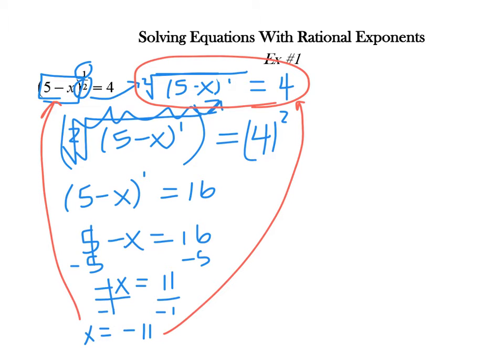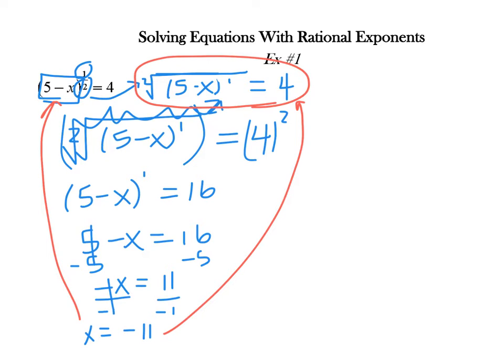Since both of these are the same, just written in a different format, it doesn't matter which one you plug it into. I prefer doing it this way because I know how to simplify square roots a lot easier. So I'm going to plug it into the original problem, into the square root form, and solve for x and check to see if the answer works.